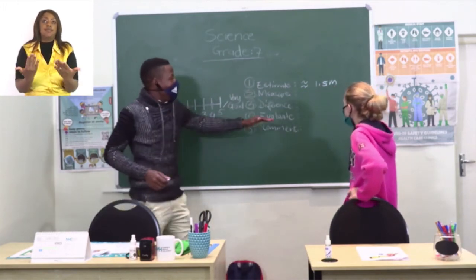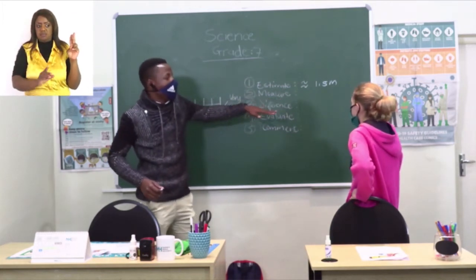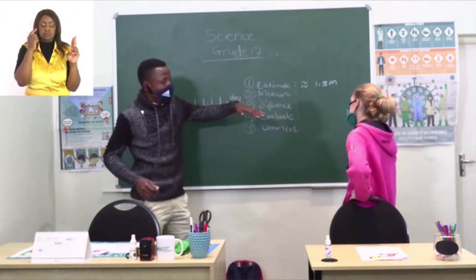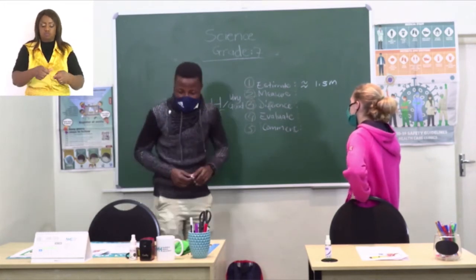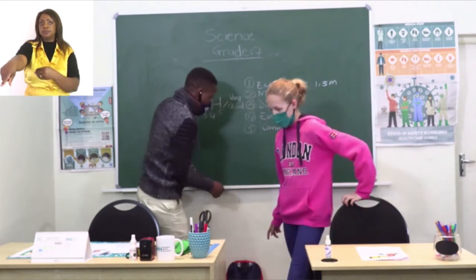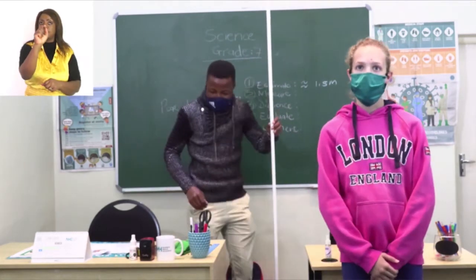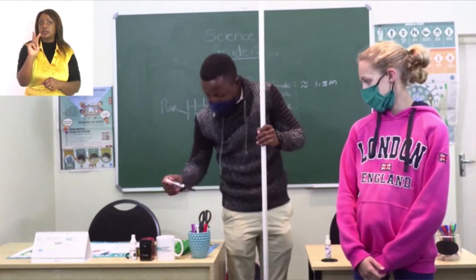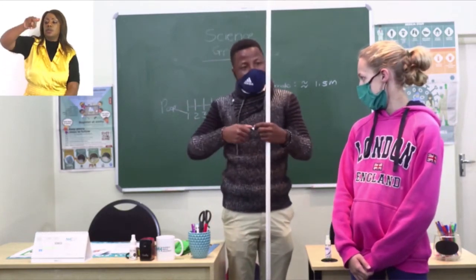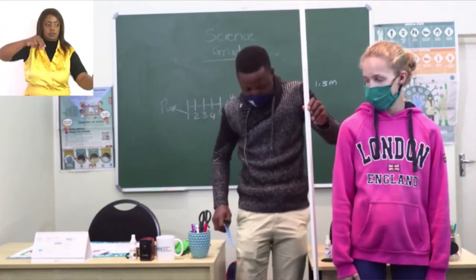Therefore, if I have my estimation, I have to move to the measurement. This is physically done, and you have to measure a person. So just stand for me. Okay, I have to use this. Stand for me, and I have to make use of a marker to mark where I have to end.